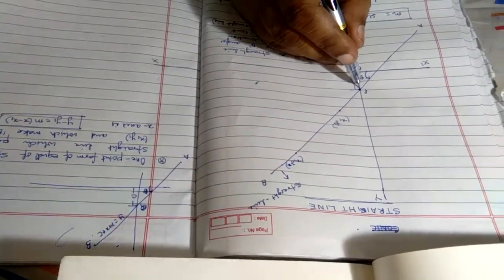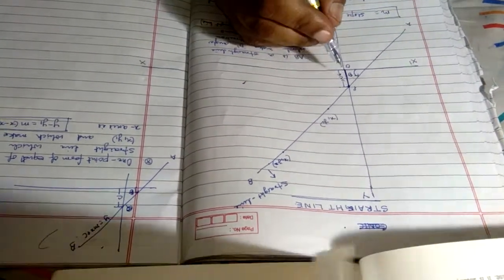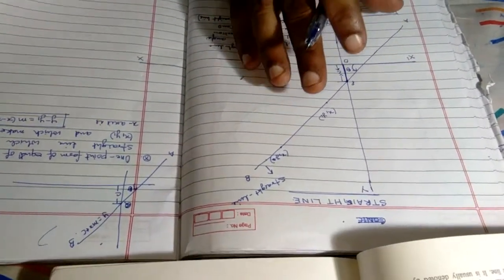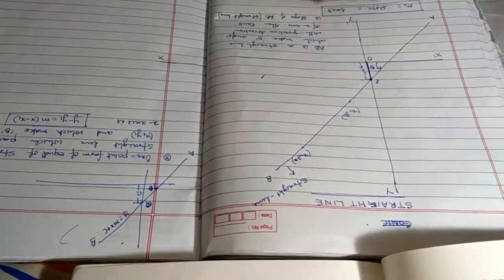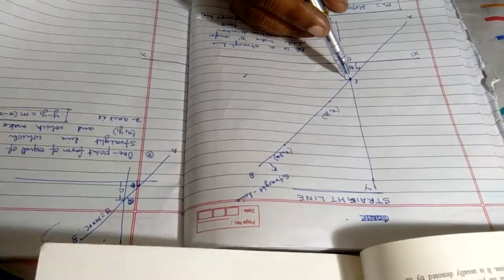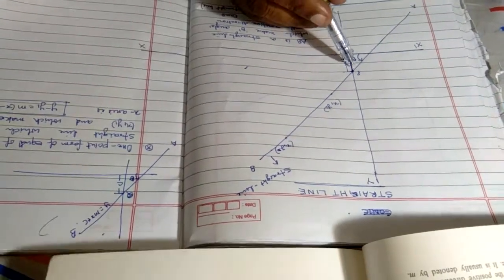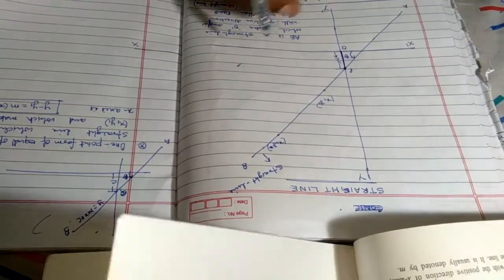Intercept means what? The distance from the origin on the x-axis or y-axis. Suppose a straight line intersects the two axes at different points, then the distance of the point of intersection from the origin on the y-axis is known as y-intercept.